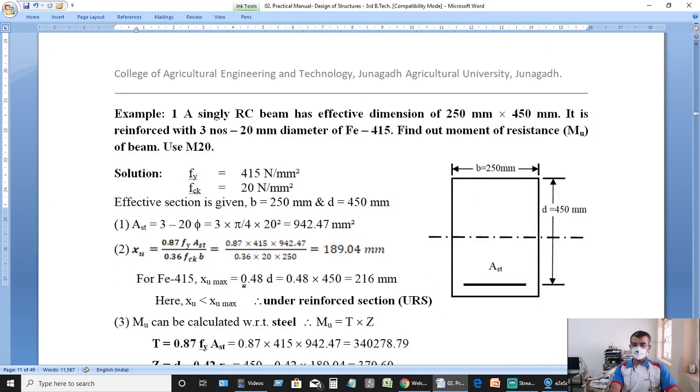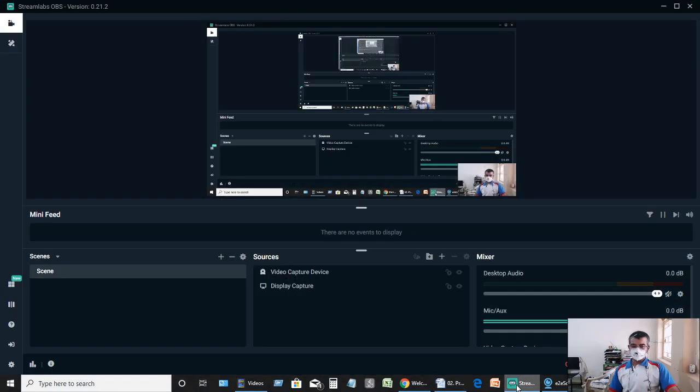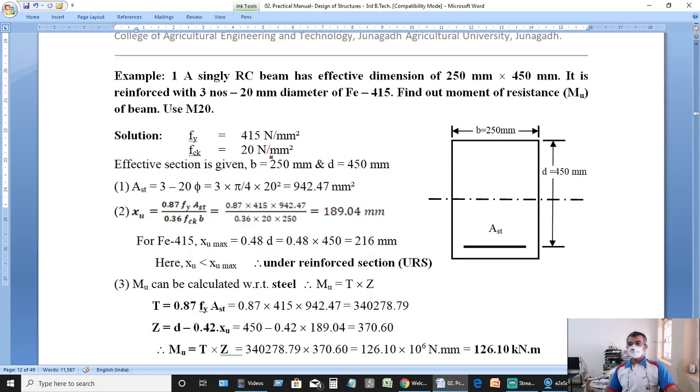So now let's take examples of this singly reinforced beam section. The first example: a singly RC beam has effective dimensions of b equal to 250 and effective depth 450 mm, and it is reinforced with three numbers of 20 mm bars, and Fe 415 is the grade of steel, and you are asked to find the moment of resistance.